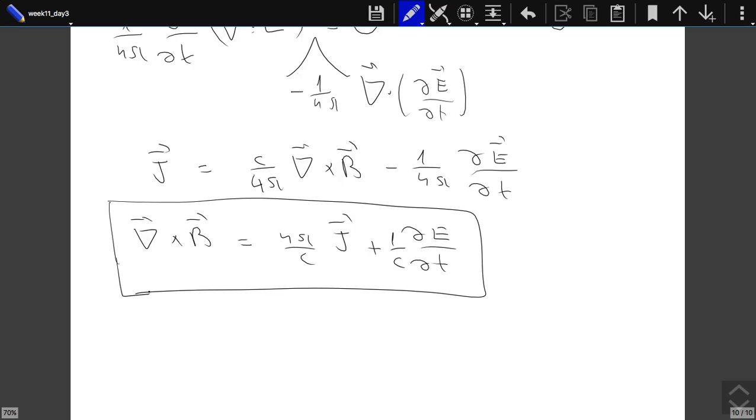Well, of course, this will cure our problem. Will it be true? That is something we need to check. At least we know that this term cures one of the problems in our equations.